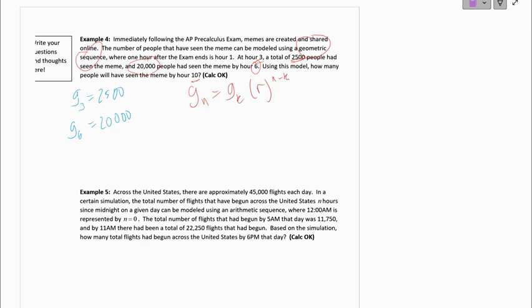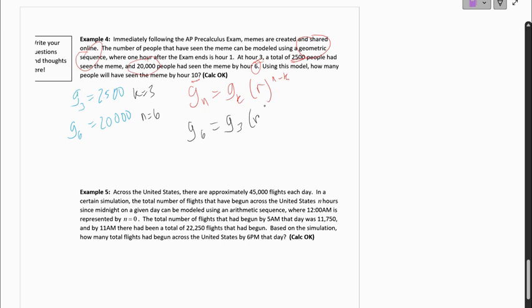But we have some k's and a possible n, so we're going to use that to help us. We'll first call k equal to 3 and n equal to 6. As a reminder, we choose the bigger value to be the n because we don't want a negative exponent if we can help it. Anywhere I see an n, I replace it with a 6, and anywhere I see a k, I replace it with 3.